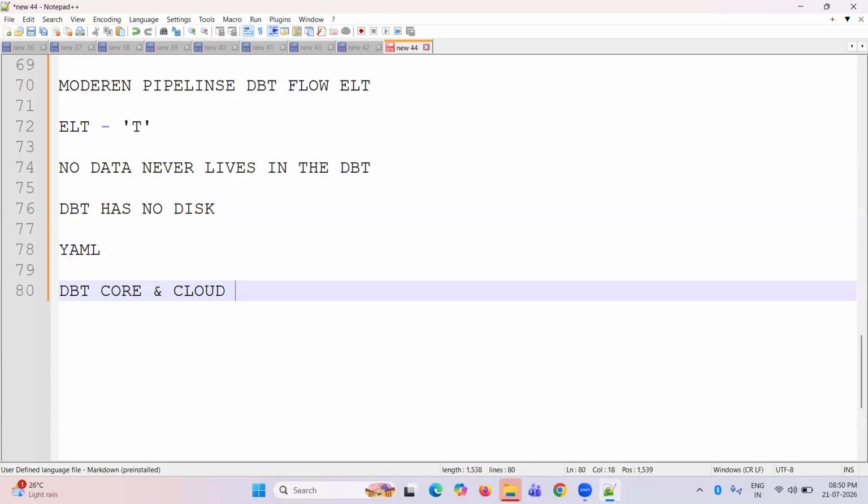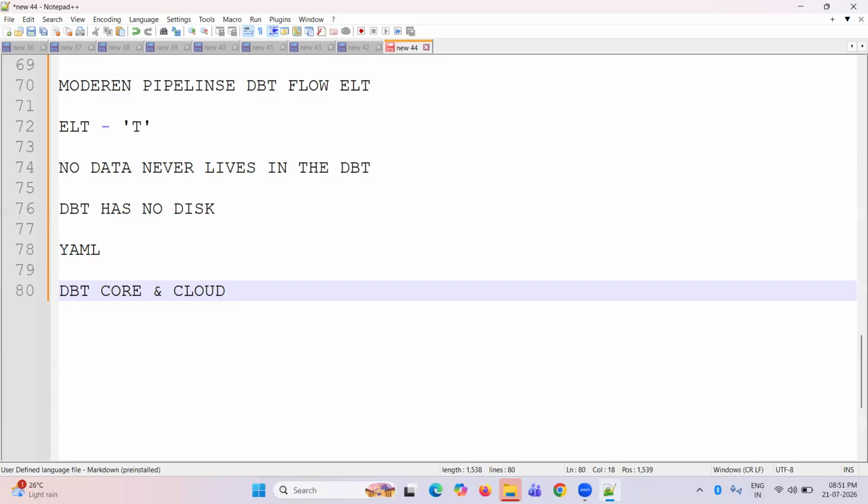So dbt comes in two flavors. One is dbt Core. This is the free, open-source, command-line version, so we need to install it, usually with Python: pip install dbt-core.